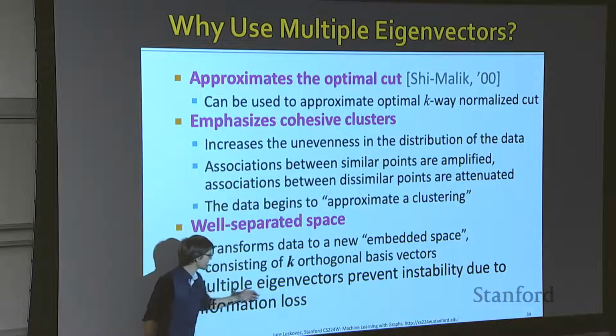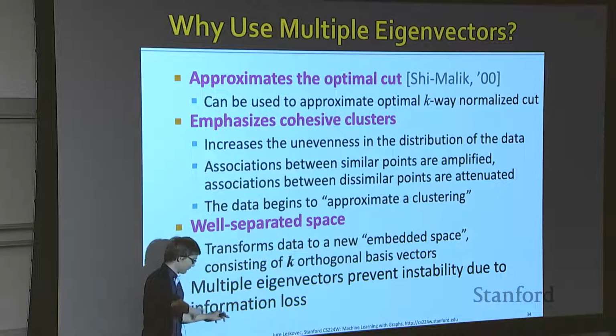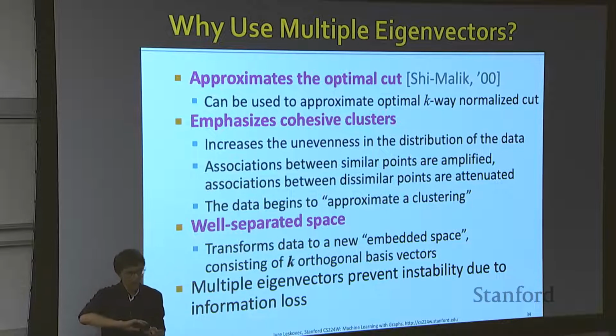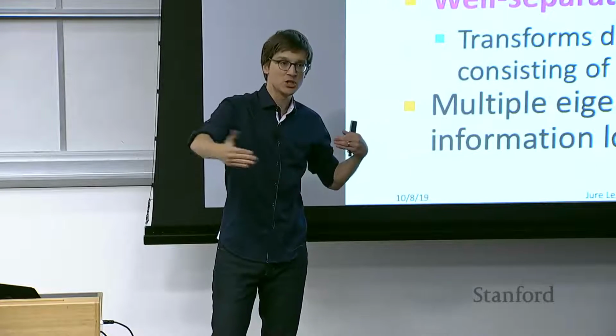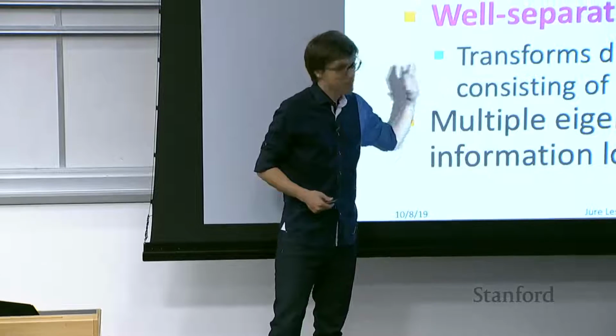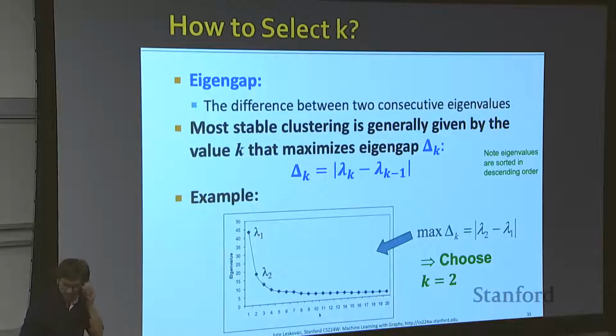Multiple eigenvectors are also nice because they prevent instabilities, not so much due to information loss, but really due to numerical instabilities and your non-perfect precision when you are doing things numerically. So people like working with multiple eigenvectors. Now, how do you decide how many to take?